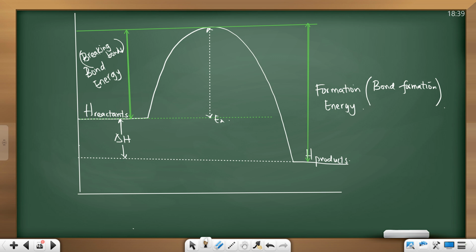And where do you start from? You start from reactants. We don't start from products. That's why our EA is always from there. Thank you for seeing that. Okay, I think we can answer this question now. Are we done drawing? We can answer now very quickly. There's just one little trick.